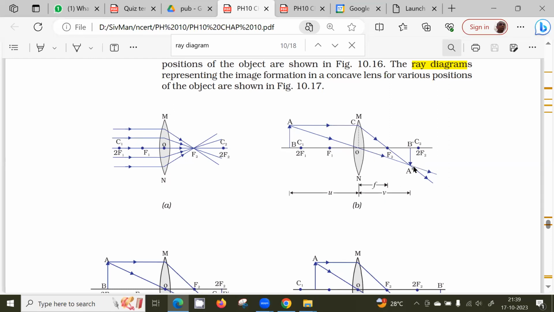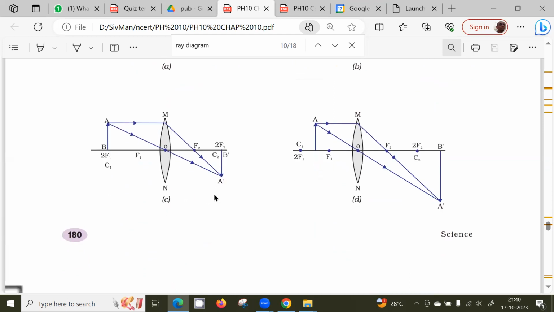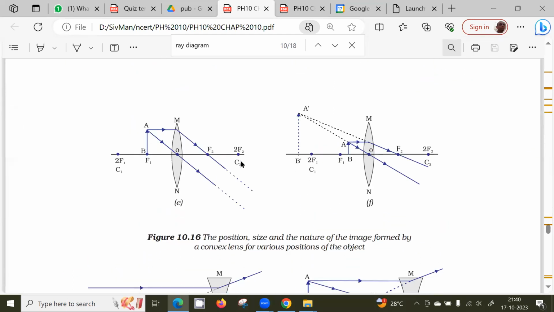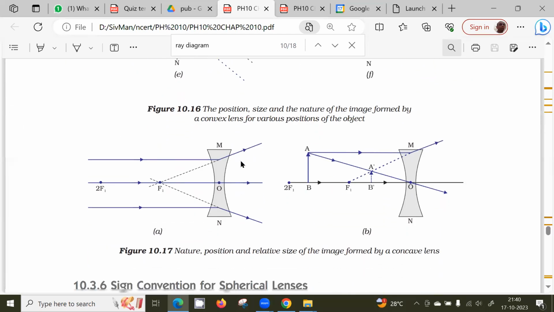So these two rays from the top, which is point A, will meet here to give point A prime. The image A prime corresponds to the object point A. Just these two rays give me this image. Here also, with just two rays, I'm getting all the images.